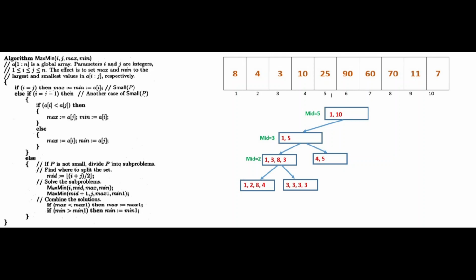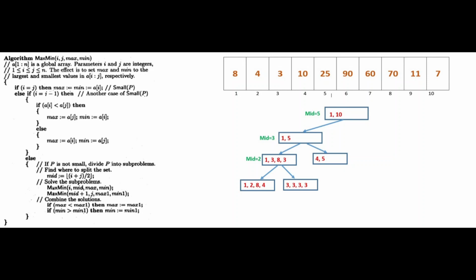Okay, i is 4, j is 5. This algorithm checks between i and j which is greater and which is smaller, A of 4 and A of 5. If condition: if A of i less than A of j, A of 4 less than A of 5, 10 less than 25, the condition is true.